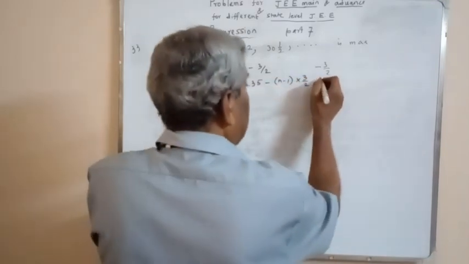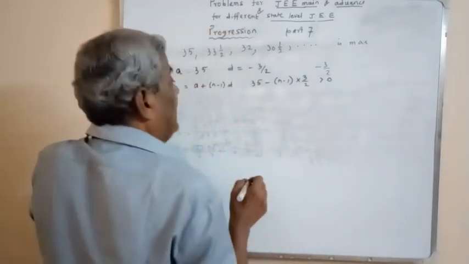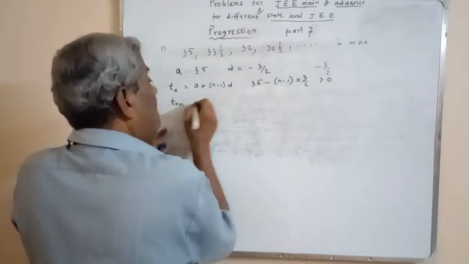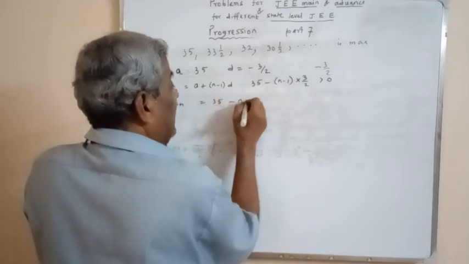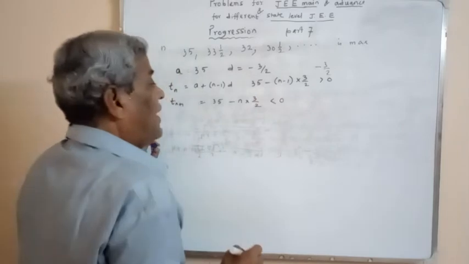This is positive. Oh, sorry, n minus 1. But Tn plus 1 is equal to 35 minus n into n is negative.